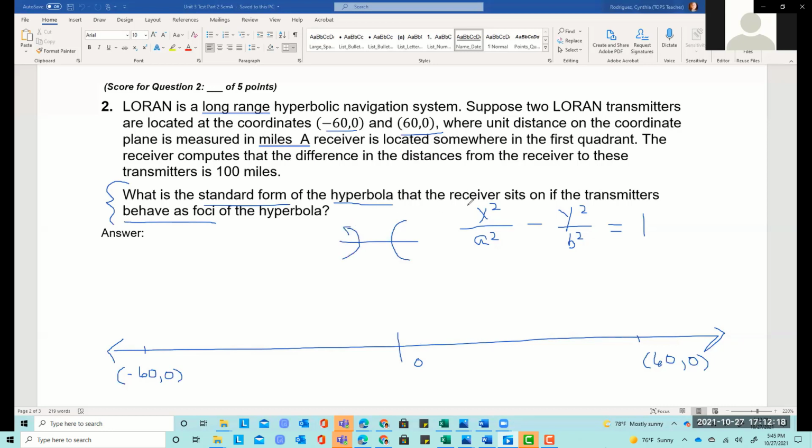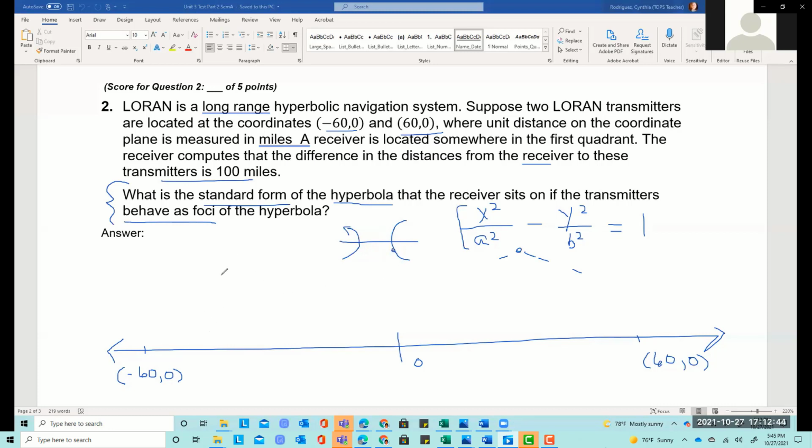So I know that I'm going to start with x, not y. All right, what else does it give me? We've got a receiver that's measuring distance, and it computes that the difference in the distances from the receiver to the transmitters is 100 miles.